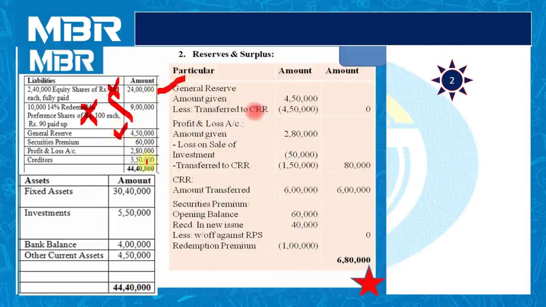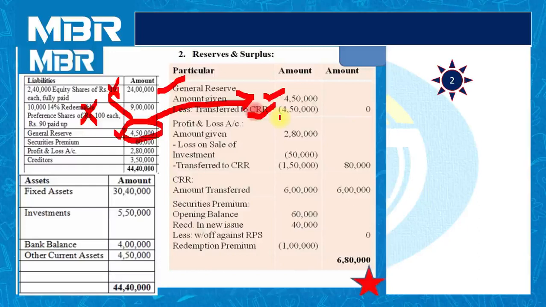So for general reserve, the amount given by the examiner in our question is rupees 4,50,000. That you can check on the liability side of the given balance sheet, minus the amount transferred to CRR, 4,50,000. Refer to step number 3, arrangement of the fund for the capital part.